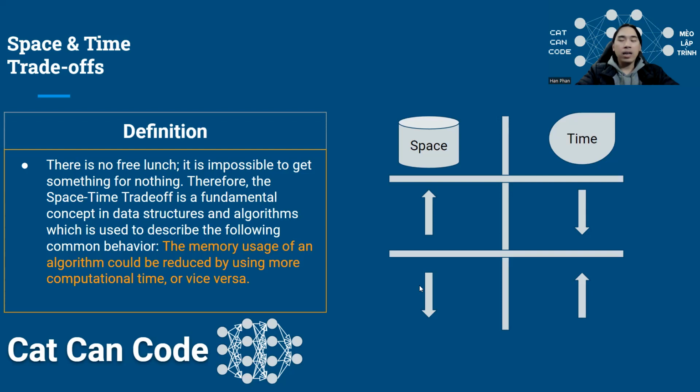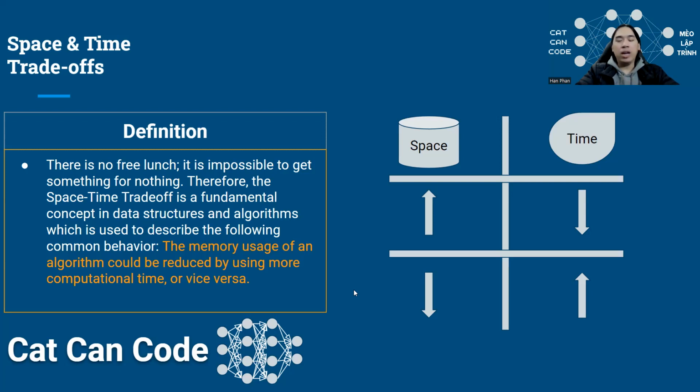On the other hand, if we want to skimp on the amount of memory to store the calculations, which means we reduce the space complexity, it's very likely that it has to be paid with the increased time complexity. Okay, so I hope my illustration here is clearly demonstrating the idea of space and time complexity trade-offs.